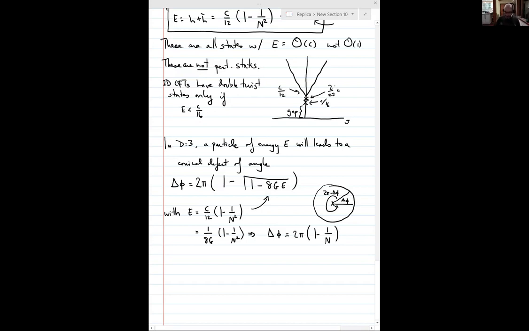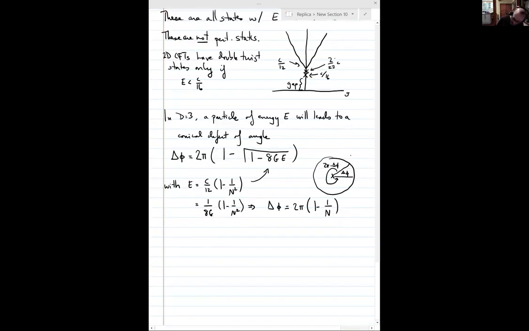Just taking the square root. And so you can see then that this quantity, 2 pi minus delta phi, which is the periodicity of the angular coordinate, what is that? It's 2 pi over n.